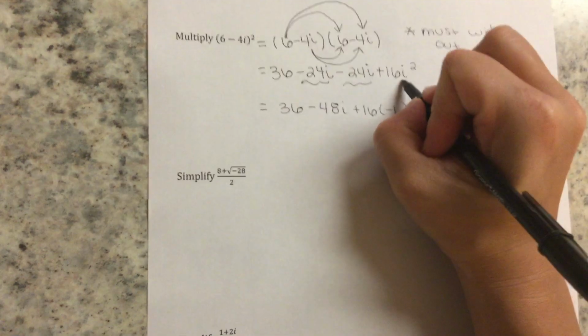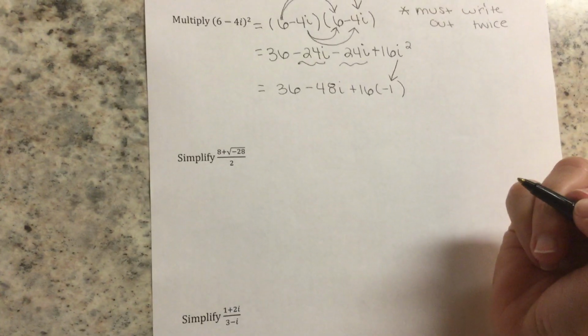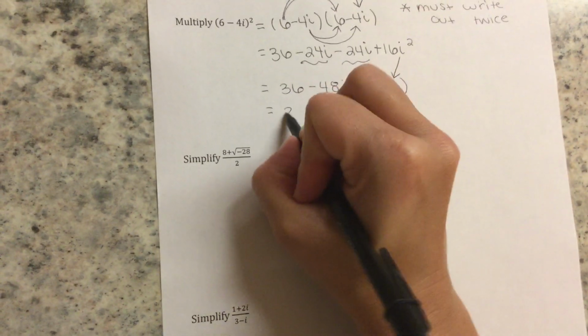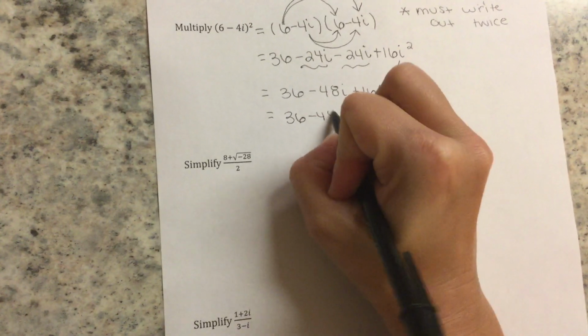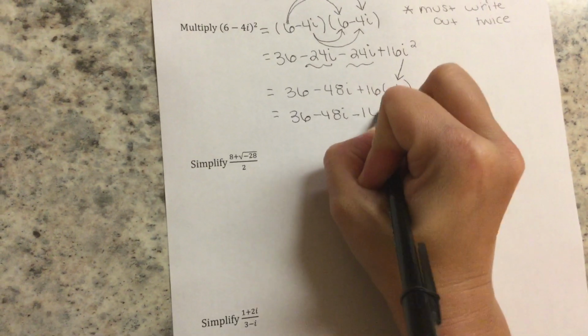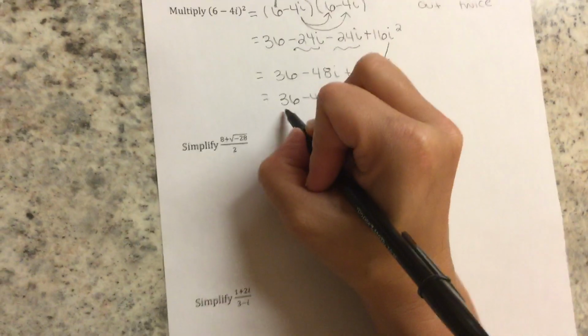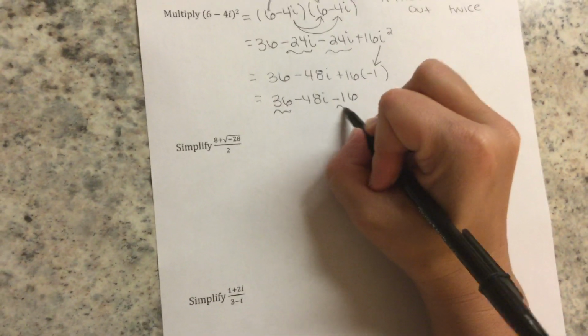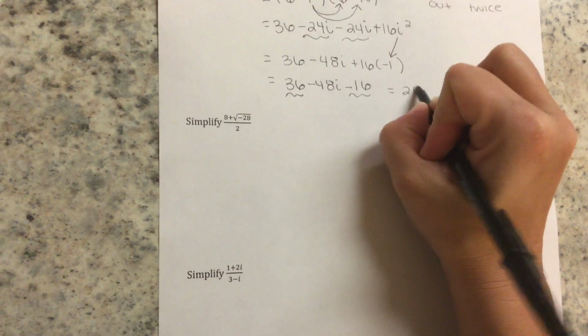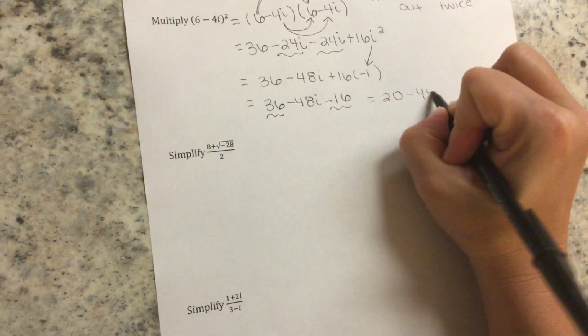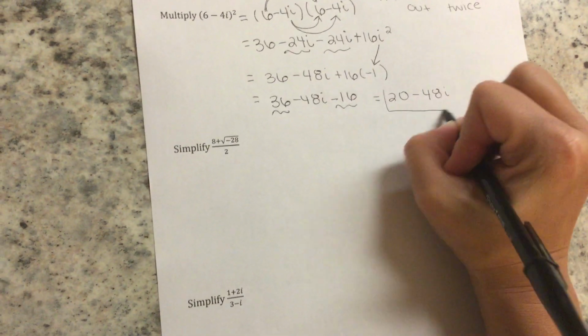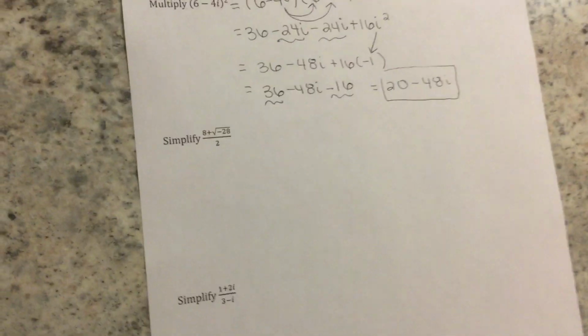So instead of i squared, I can just write negative 1. That'll leave me with 36 minus 48i minus 16. One more time to combine my like terms. 36 minus 16 will give me positive 20, minus 48i. Final answer.